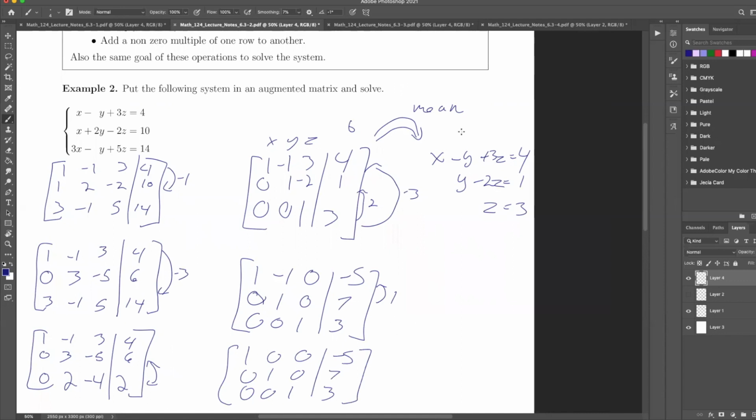And then when I translate this over, this just means x plus 0y plus 0z equals, oops, I didn't change that, did I? This plus this gives me a 2.